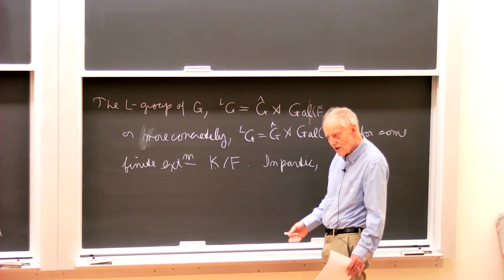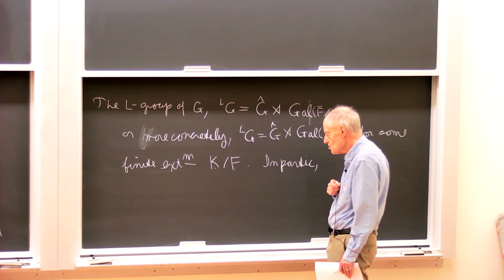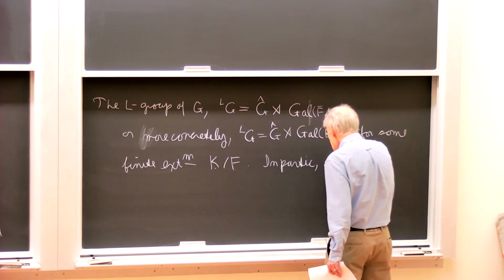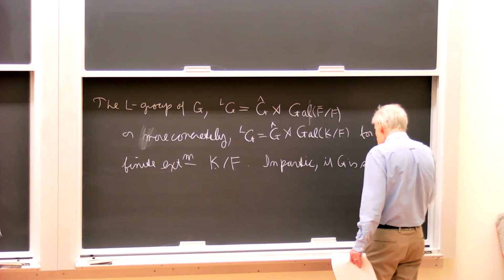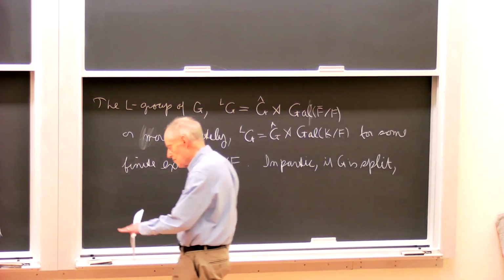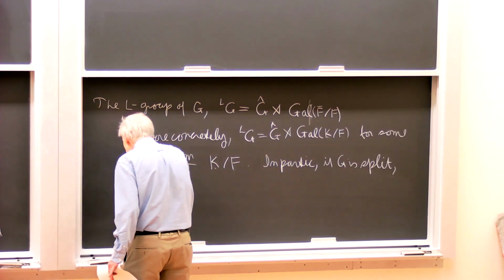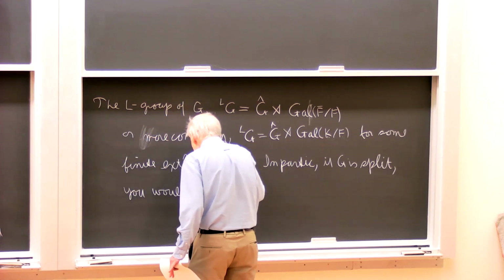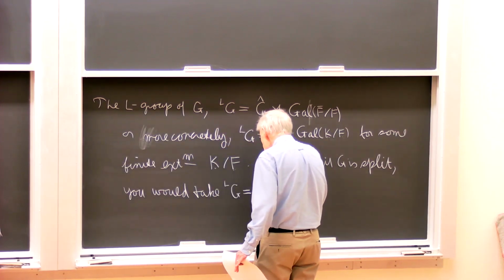And in particular, you allow yourself to choose the Galois group of an extension K over F even in the split case. So if G is split, to make this uniform for the sub-collection of split groups within the quasi-split groups, you could define the L group to be simply the dual group, which is what we had been taking.